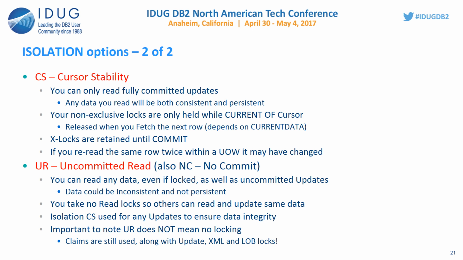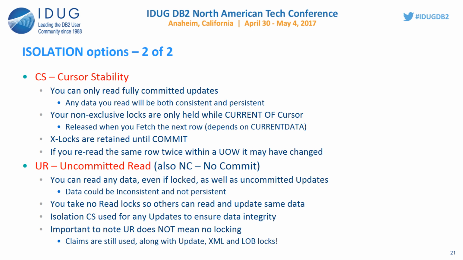But if you're reading through a cursor and you read a row and you don't update it and you go onto the next row of the table, the lock is released when you fetch the next row. Whereas with repeatable read or read stability, that lock is retained until commit time. So what you're doing is freeing up locks earlier, which allows more concurrent access by other users.